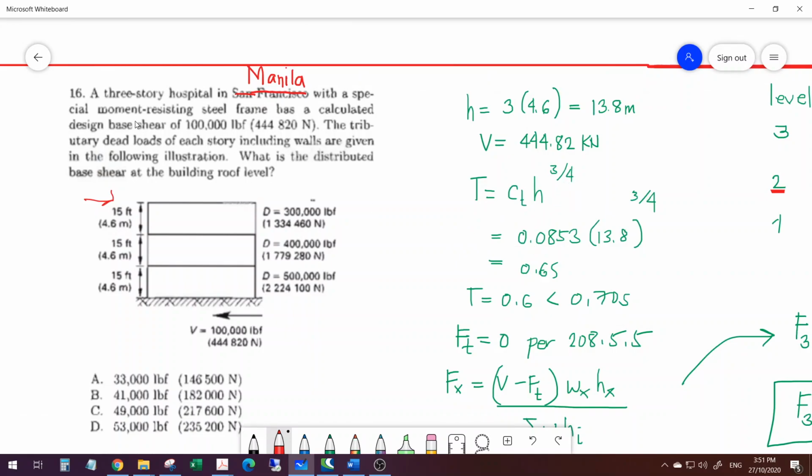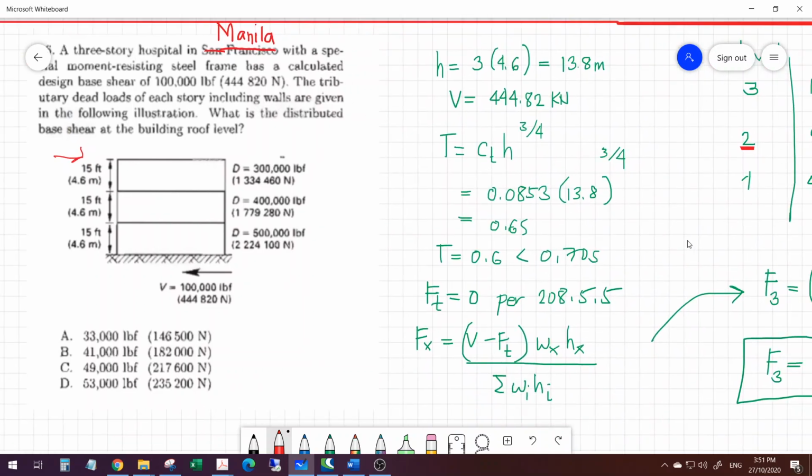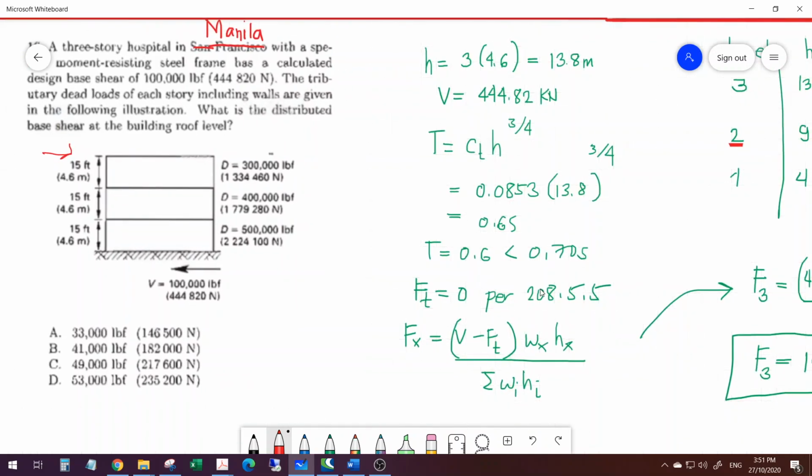Since we're using a special moment resisting steel frame, our Ct is 0.0853 times 13.8, the height, raised to 3/4. So we got 0.6 seconds. As you know, if your period is less than 0.7 seconds, you do not need to consider Ft. So it's equal to 0, as per NSCP 208.5.5.